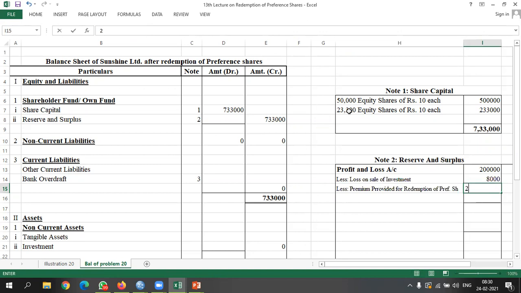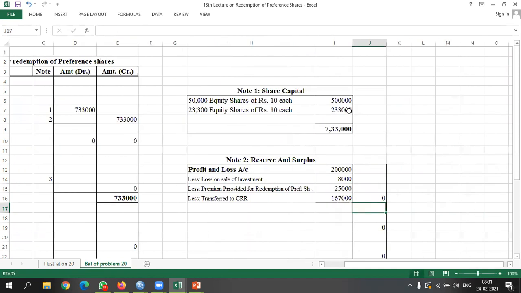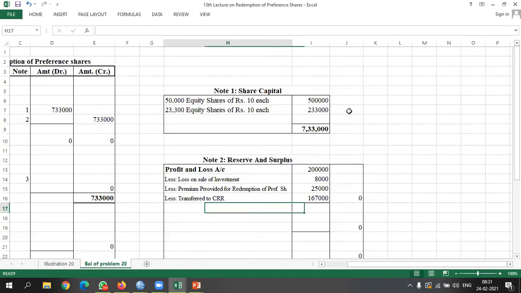How much? 25,000. And then we have also transferred amount to CRR account. How much? 1,67,000. So in the outer column, I got 0.